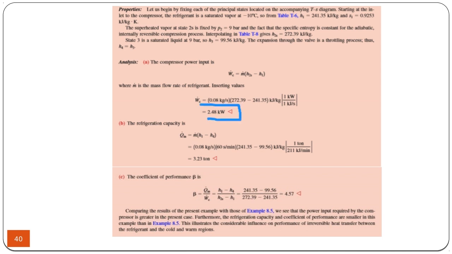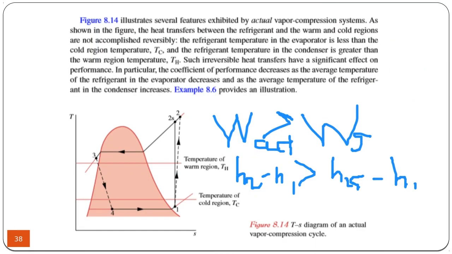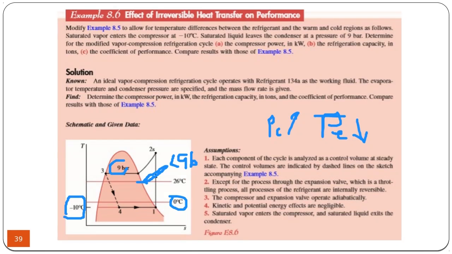2.48. If you compare it with the previous one, the compressor work in the previous one was 1.48. Now it's 2.48. Why has it increased? It has increased because it starts with a lower pressure and ends with a higher pressure.